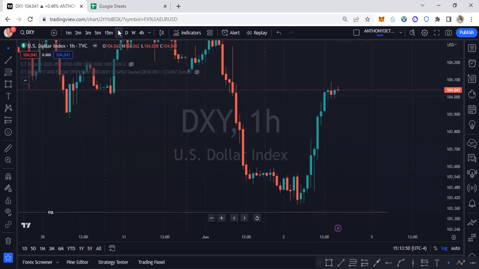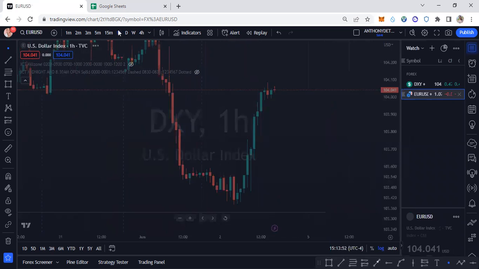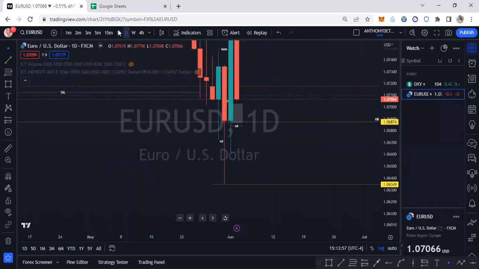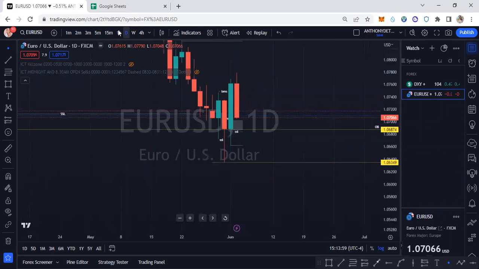But once this low is taken out, then I'm fairly sure that we'll be going down, though it's still based on probability. Then we might be seeing price pushing lower.